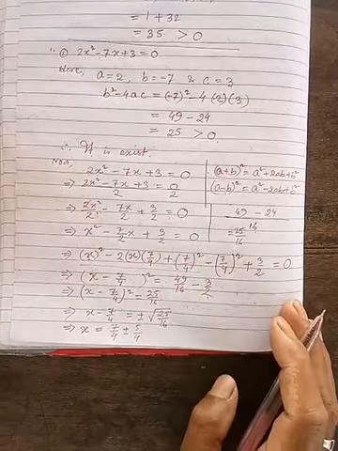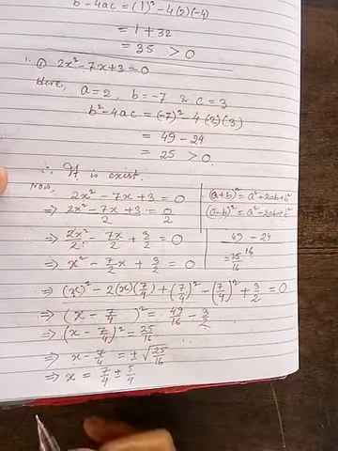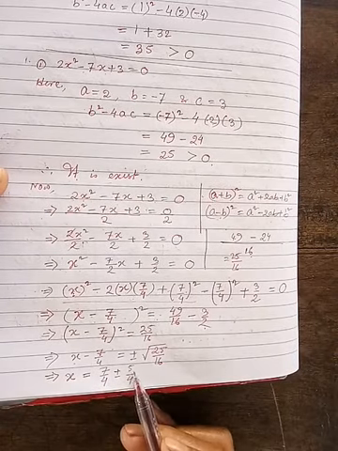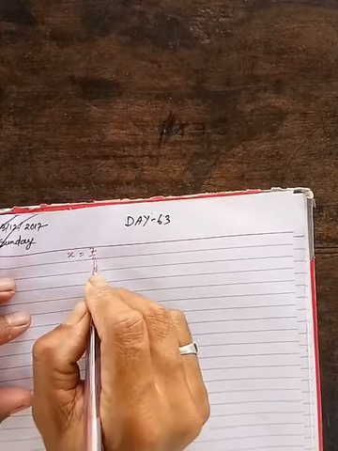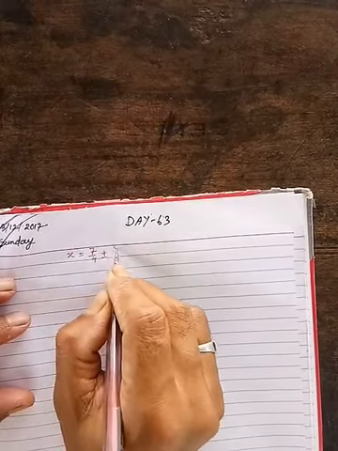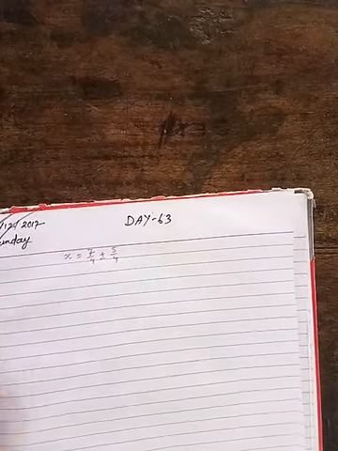There is no space, let me go to the next side. x is equal to 7 by 4 plus minus 5 by 4. So what we got, x equals 7 by 4 plus minus 5 by 4.